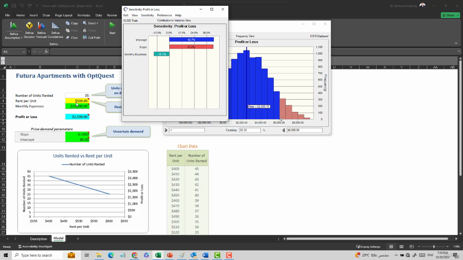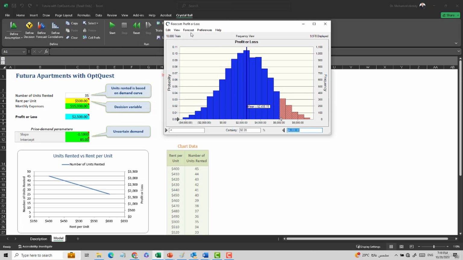More than the monthly expenses. So you need to take care about this value. This value should be defined, recheck it, and so on. If the first one, the intercept, is not accurate, not high, it will affect the output of your decision, and so on. Okay.